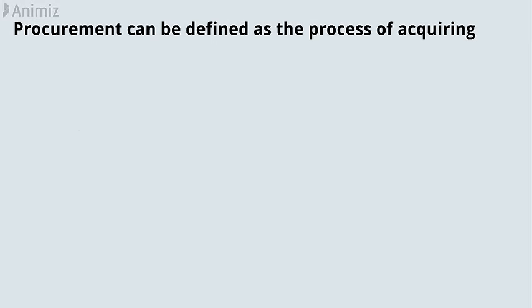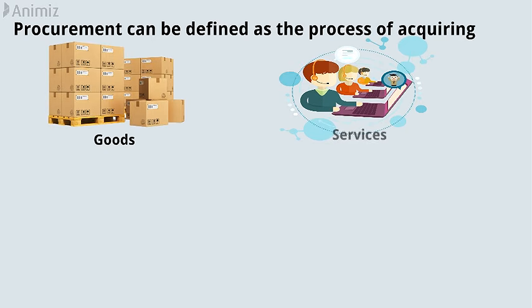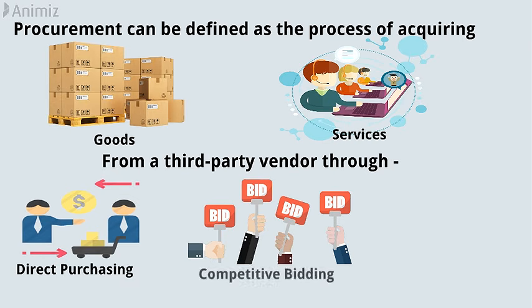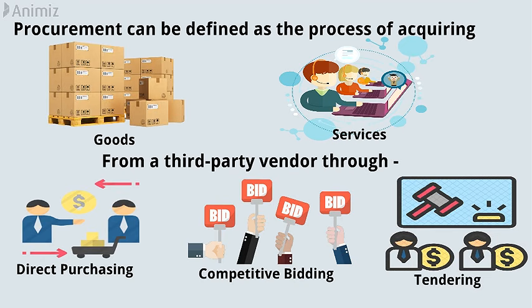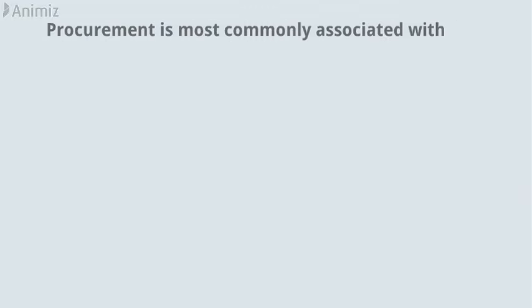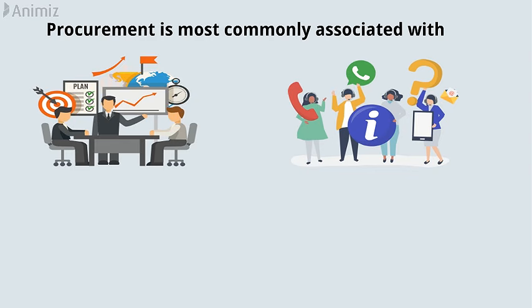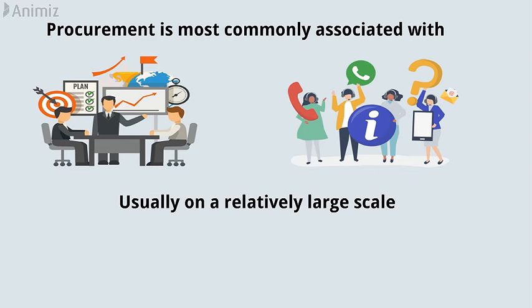Procurement can be defined as the process of acquiring goods and services from a third-party vendor through direct purchasing, competitive bidding, or tendering process while ensuring the right quality and quantity. Procurement is most commonly associated with businesses, because companies need to solicit services or purchase goods, usually on a relatively large scale.